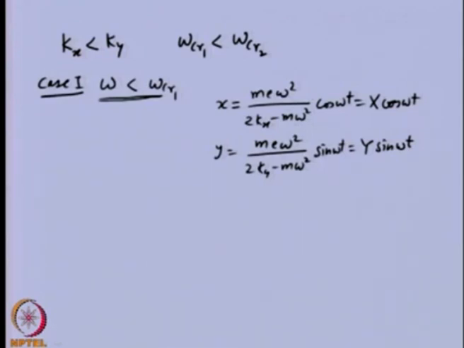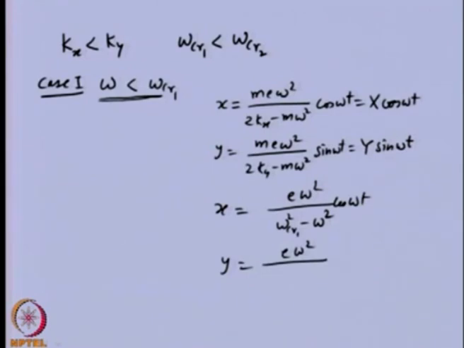we can rearrange these equations such that we can write this as m e. If we take m out from the denominator, we get the first critical speed square minus omega square, cos omega t, and y as, if we take out m from the denominator, it will cancel from the numerator, so we will have the second critical speed minus this.